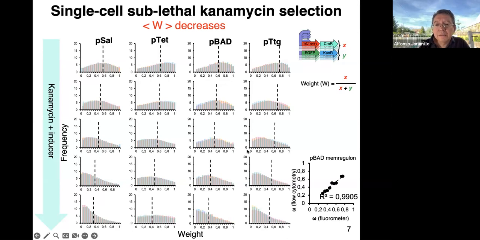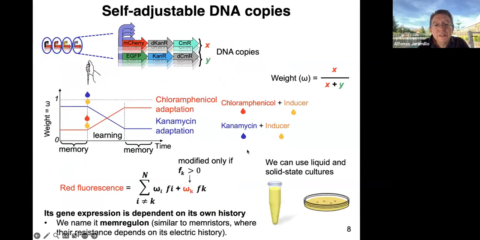Okay, so we can use the same thing with chloramphenicol, and then it increases. I'm not showing that, but for the same reason, with chloramphenicol the cells that have more of X will increase their number.